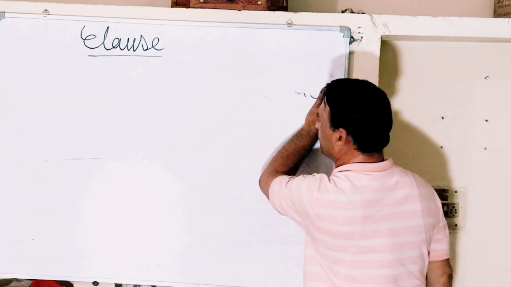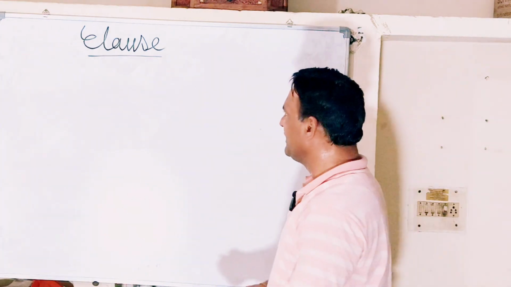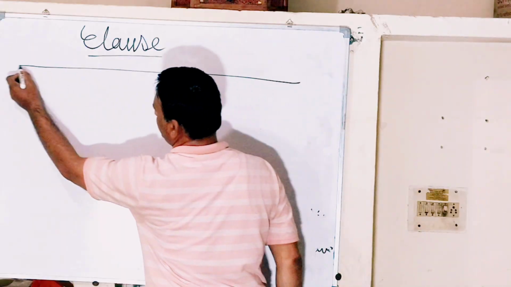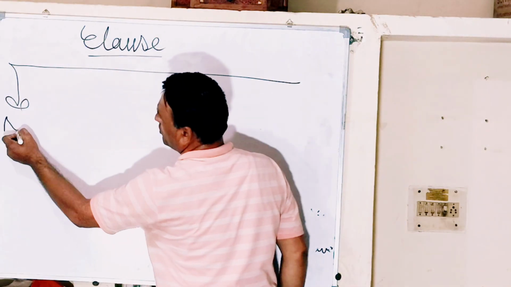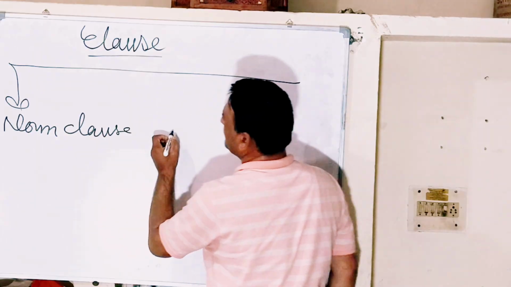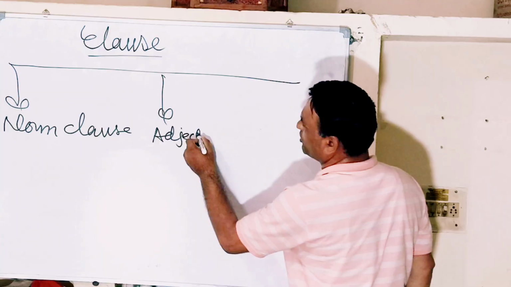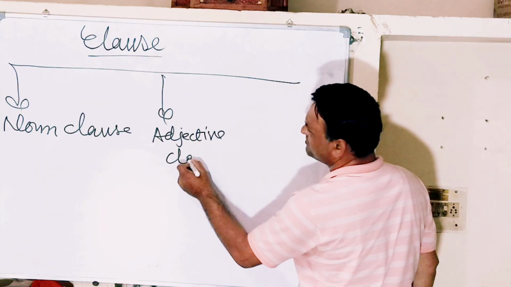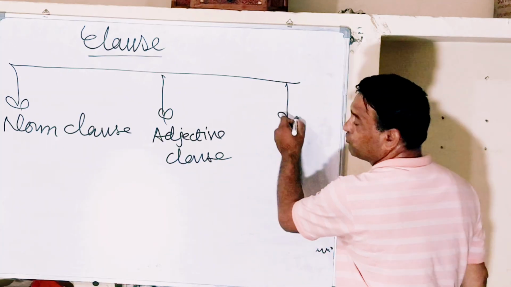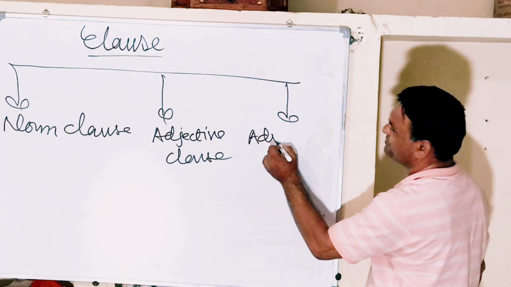Let us frame some sentences and then understand. These clauses are of three kinds: noun clause, adjective clause, and the third one is adverb clause.